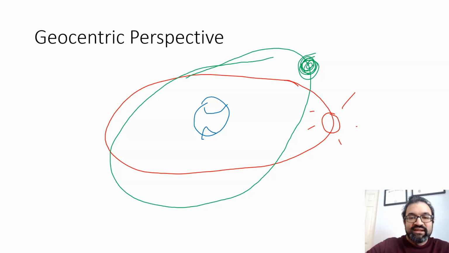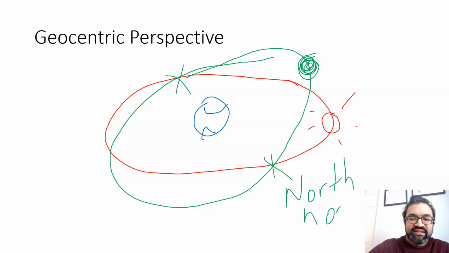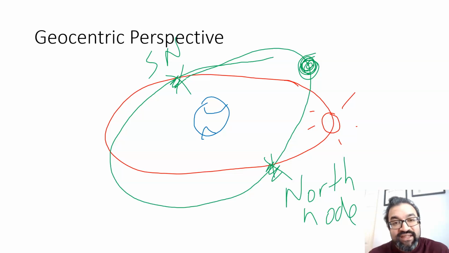And when these cross, these are the places for North Node versus South Node. Only in these areas do the eclipses take place. So what is interesting here in summary is that this is not actually a true planetary body. This is a shadow cast by multiple planetary bodies.